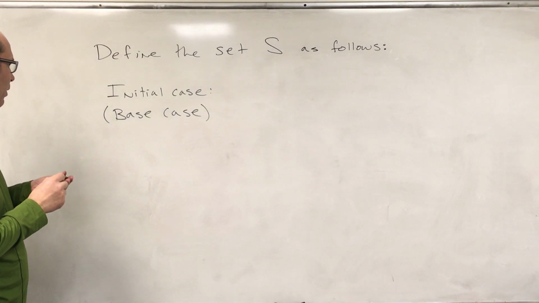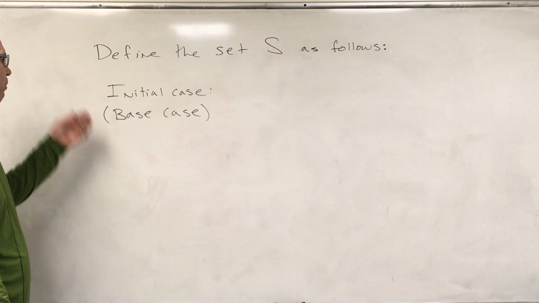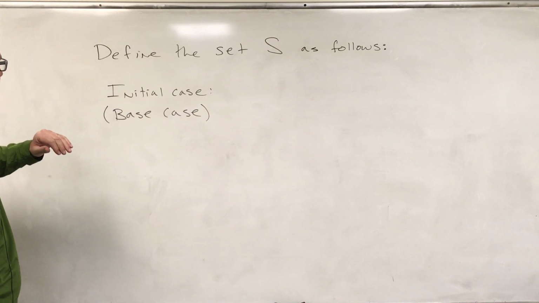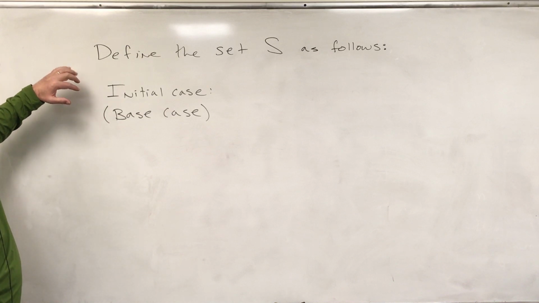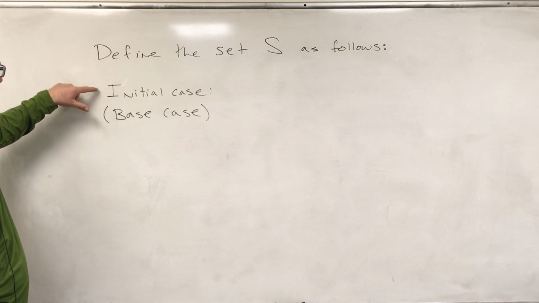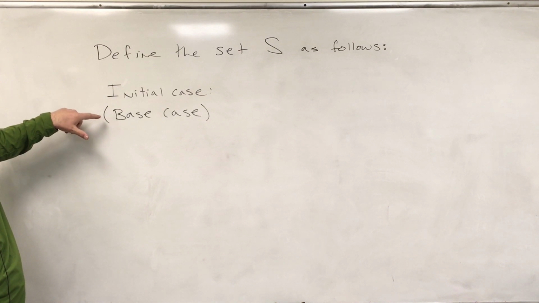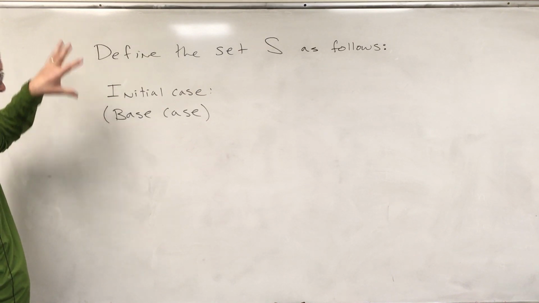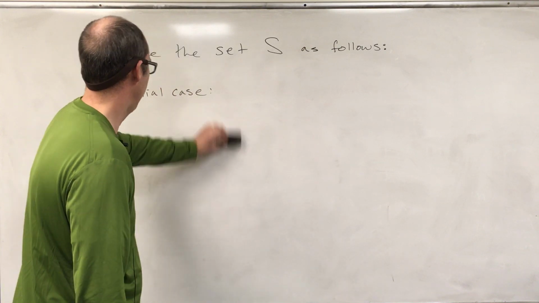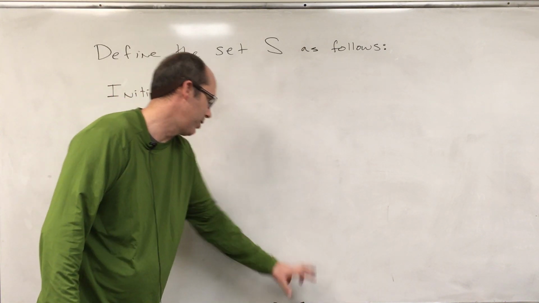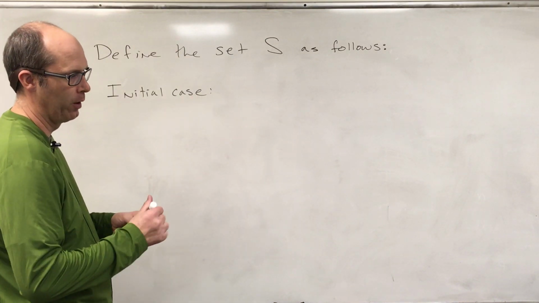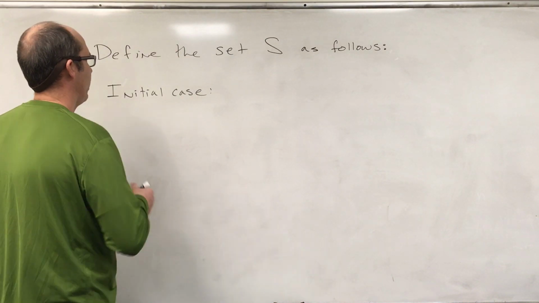So when you're looking through the Xi book at the examples, or when you're thinking about what you read, when I write initial case, I mean the base case for a recursively defined set. The initial case, or the base case as they call it, is just the thing that gets things started.